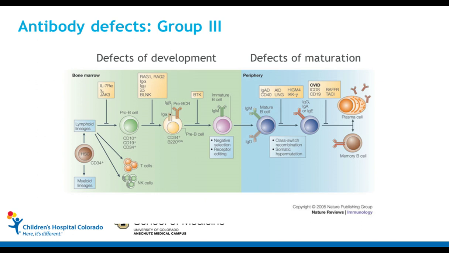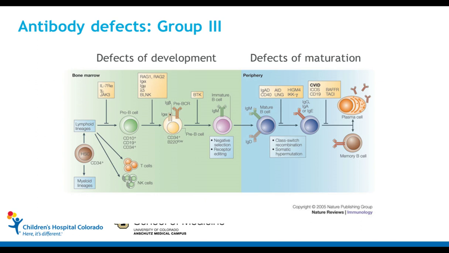In the periphery, the mature B cell undergoes encounter with antigen. It matures. It can either take the form of a plasma cell and secrete antibody or become a long-lived memory B cell. And throughout this process, one of the important pieces is the ability of the B cell to switch from producing IgM to producing IgG or IgA or IgE. And so there are a number of genes involved both in development and in maturation.